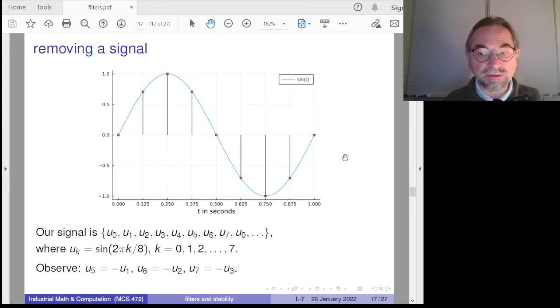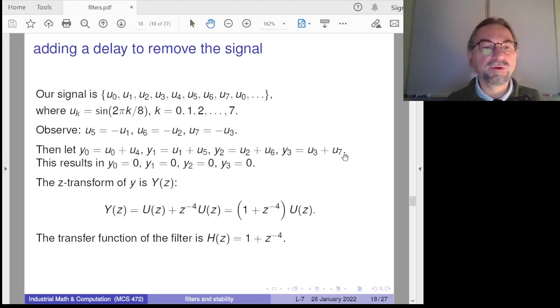And we can exploit this in removing the signal by combining the delayed signal. So what we do is, in our filter, we wait for 4 time units, and then we add those 4 delayed units to the original signal.